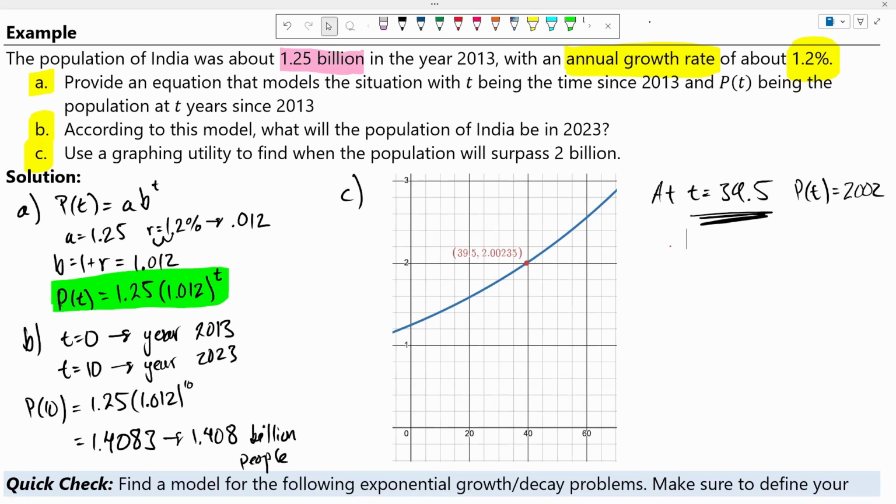You guys see that? So we have to actually add the 39.5 to 2013. So then that means at 2052, right?